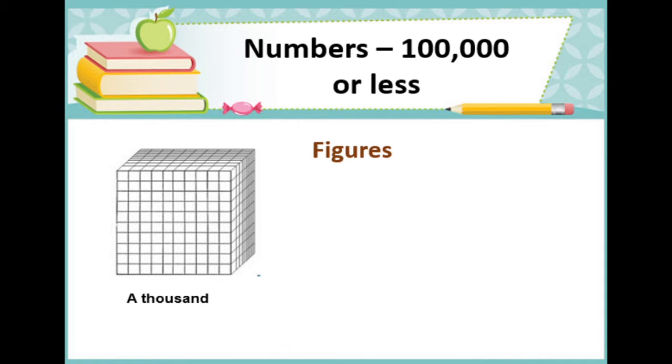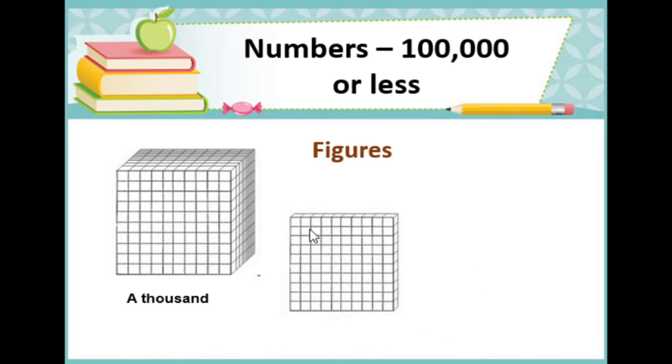This big cube represents how many? 1,000. Yes, you are right. Next, we also have here a flat from this cube. This figure represents 100. This big one is 1,000. This flat is 100.